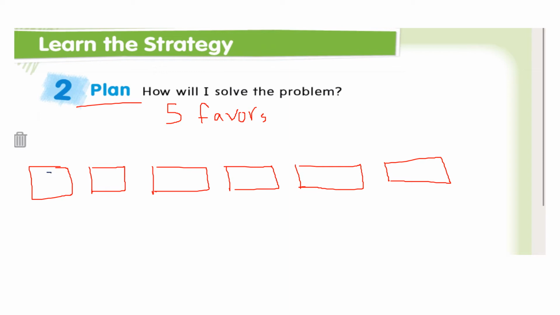So we have 5, 10, 15, 20, 25, 30. So the pattern is we have skip count by 5.